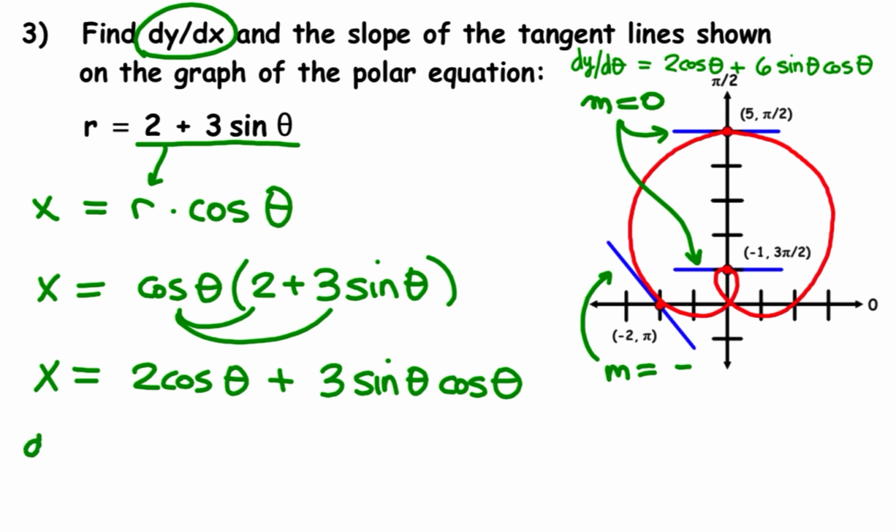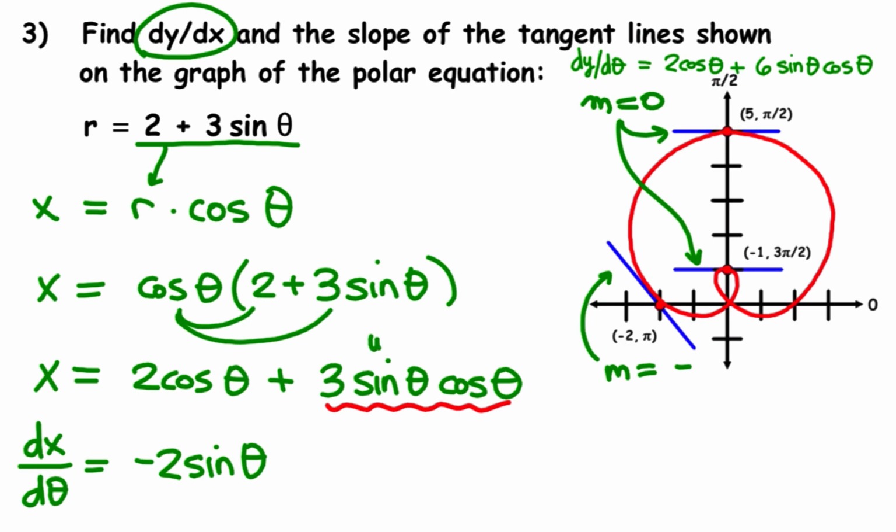And finally, we're going to take the derivative of that with respect to theta, dx d theta. The derivative of 2 cos theta is going to be negative 2 sine theta. Really, if I wanted to get clever, I could turn this into a double angle, which would be 2 sine theta cos theta, but I think I'm just going to suck it up and use a product rule.